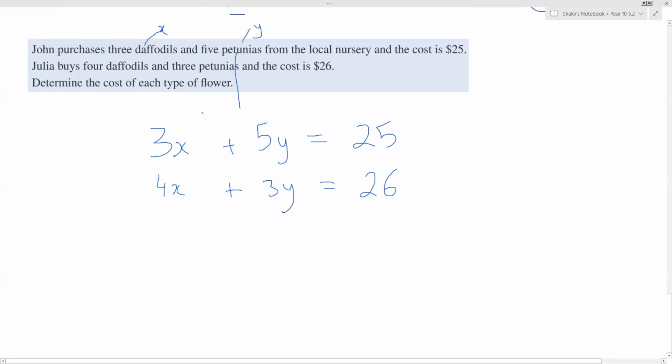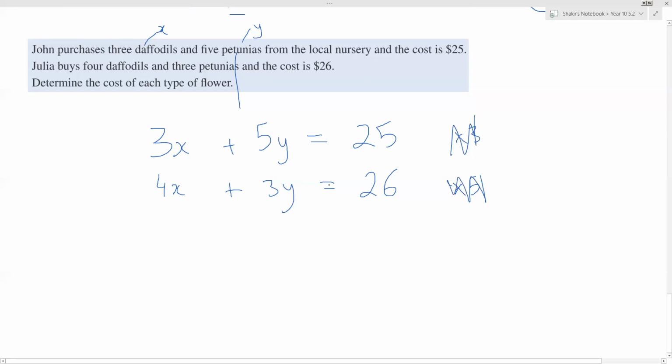Really, what we're looking for is the least common multiple, and for 3 and 5, it's going to be 15. If I multiply this bottom by 5, it's going to become 15. If I multiply top by 3, it'll become 15. So I can certainly multiply this by 3 and that by 5, to make the coefficients of Y 15. And then I'll be able to subtract it and so on. Alternatively, there's another way to do it, and they're completely equivalent.